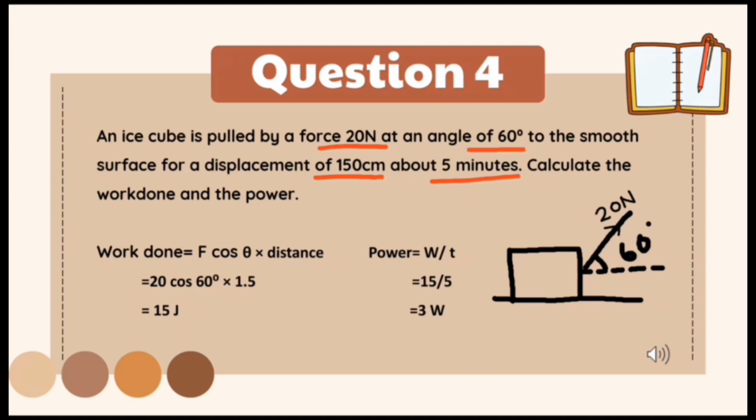For work done here, we should change to another formula, which is F cos theta multiplied with distance, which is 20 cos 60 degrees multiplied with 1.5. The answer of work done is 15 joules. Next, we move to calculate the power. 15 divided by 5 and the last answer for the power is 3 watts.